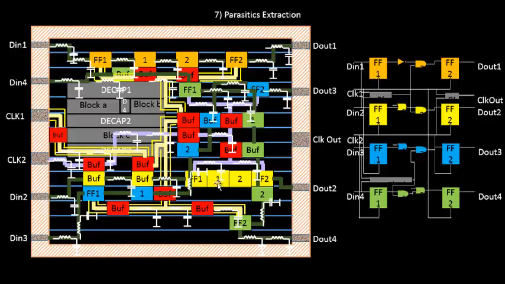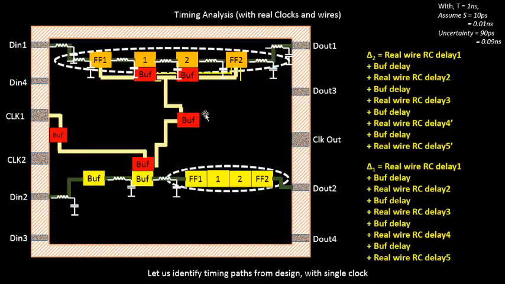With that, we do a timing analysis which is the final timing analysis. It looks into the real clocks, the real clock wires, and the real data path wires. Your timing equation will look something like this. For example, if we do a timing analysis for flip-flop 1 to flip-flop 2, the launch clock network delay remains the same, and the capture clock network delay remains the same.